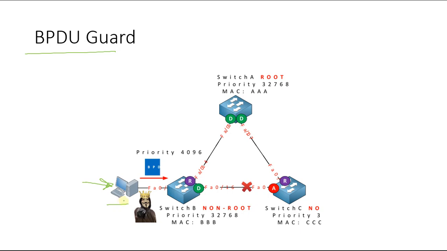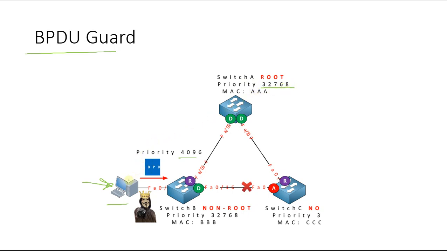Someone with hostile intentions could start a tool that generates BPDUs with a superior bridge ID, or a lower priority, because the switch A root has a priority of 32768.